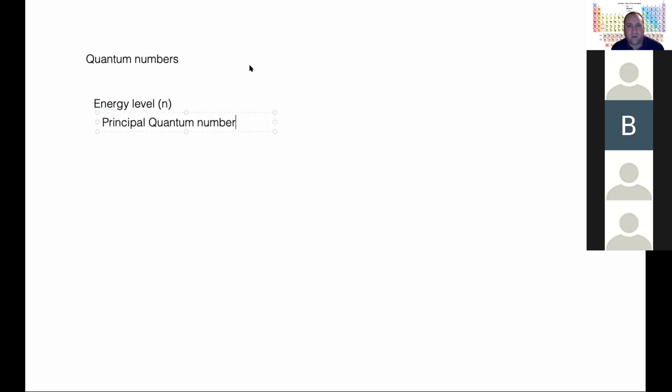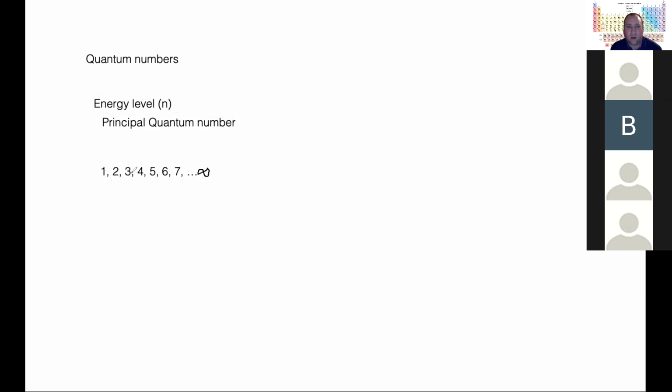And the possible values for this quantum number, we start with the first energy level, and we go up in whole number amounts until we either run out of space or most commonly we think of if we hit infinity, that's when we can say that the electrons actually left the atom.